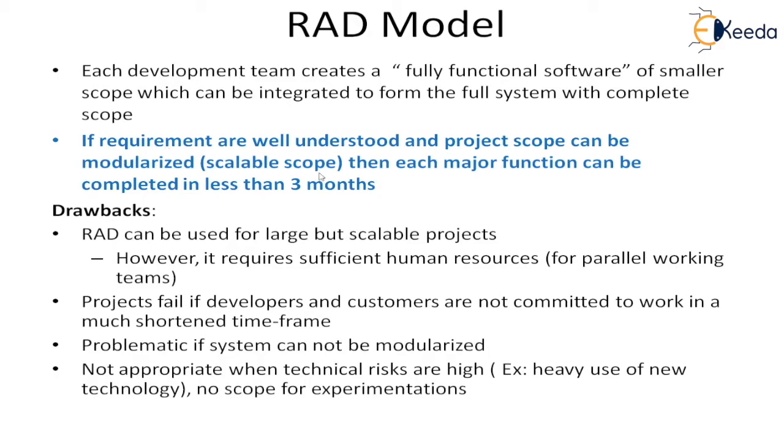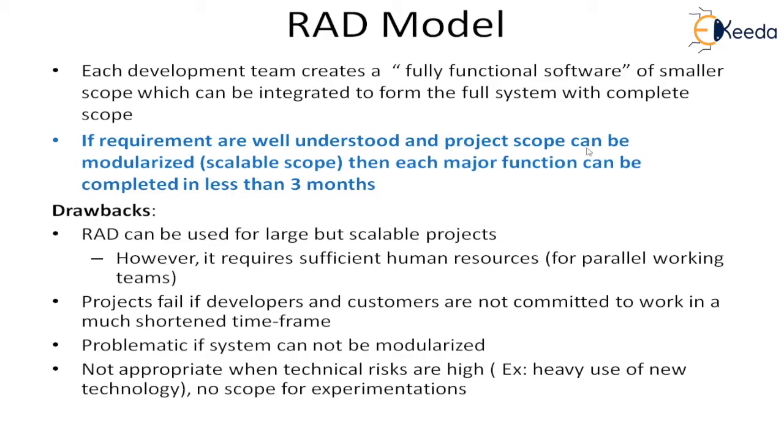If requirements are well understood and the project scope can be modularized, that is what is known as a scalable scope. So if we can really break it into fully functional software, in terms of modularization or scalable scope, then each major function can be completed in less than 3 months. So this we have to take care of.